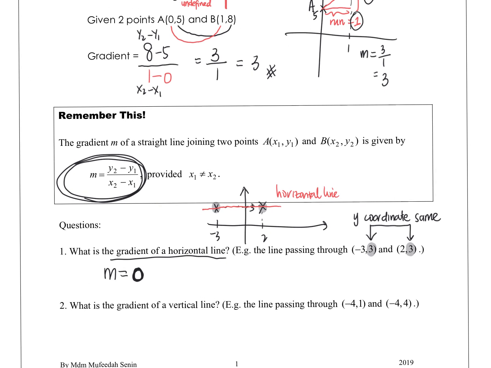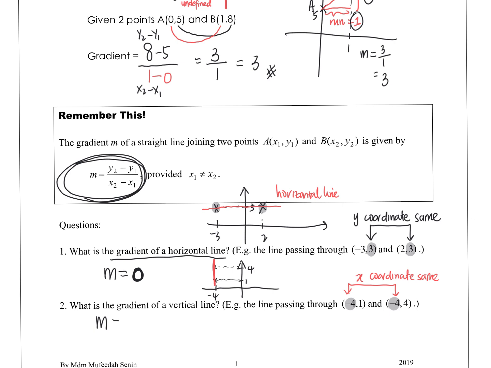Okay, but when the x coordinate is the same, when you plot it out, you realize that it is a vertical line. Okay, when your x coordinate is the same, it's a vertical line.